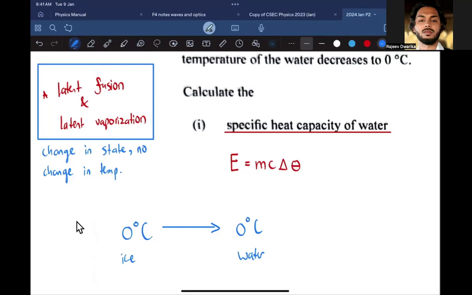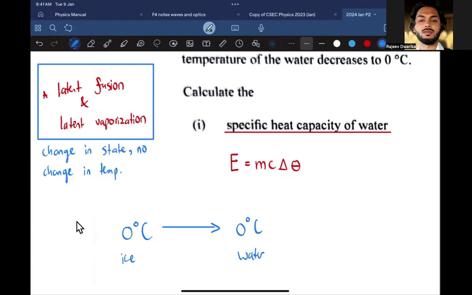It's only after you change it to water that you can heat it up. So again, you need to change ice to water before you heat up the water, and to change ice to water you're not changing the temperature. The only thing changing is how the atoms are arranged.